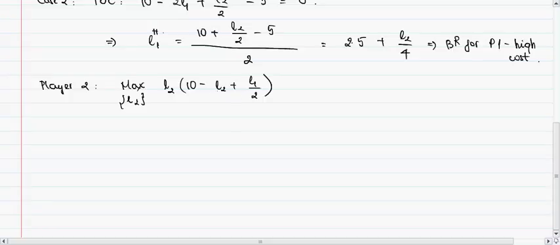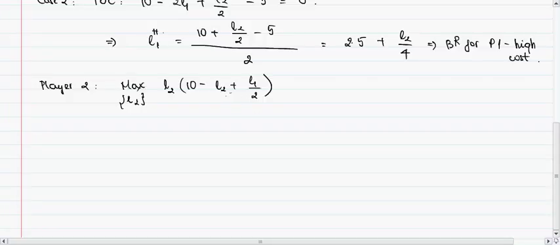You just have to be a little bit careful when you write the average benefit for player 2 over here. It's not going to be the same average benefit that we used for player 1. You will have to take into account the position of L1 and L2 in the function.